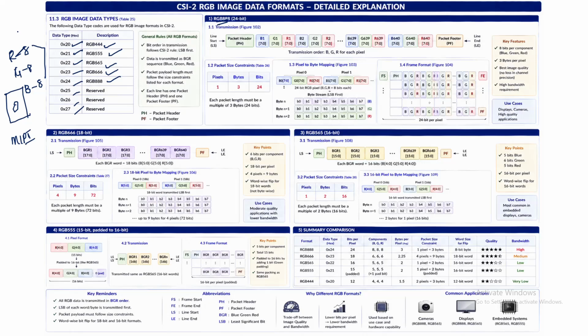Total how many bits are we transmitting? 24 bits. 24 bits means 3 bytes. These 3 bytes grouped together are converted into a single packet, and all these packets are transmitted in the payload. That is the reason we are considering the RGB model.